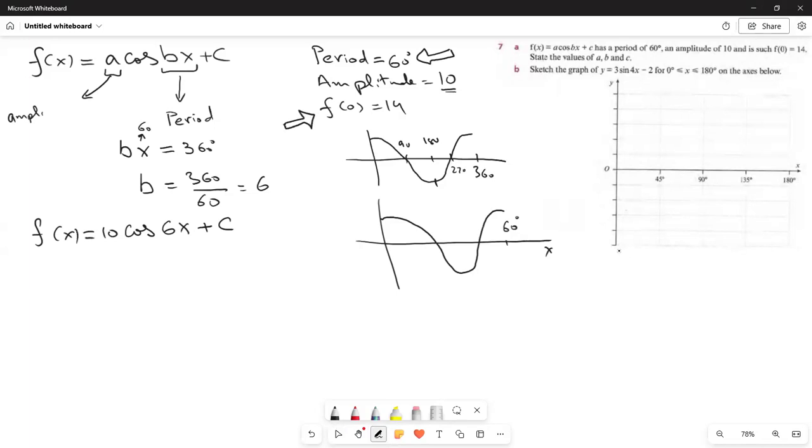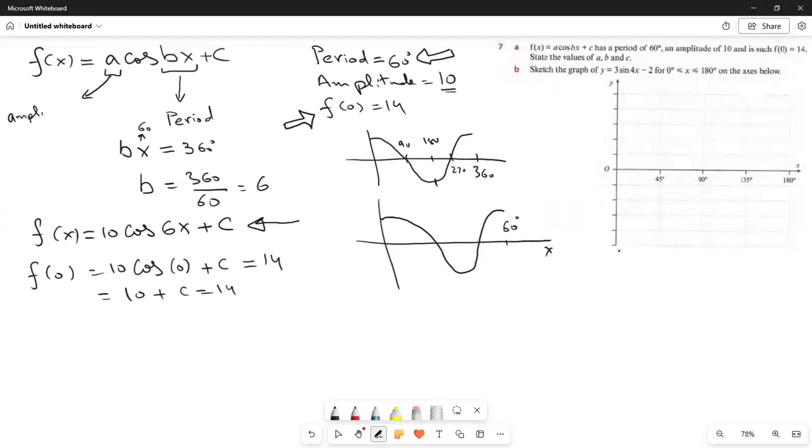Let's substitute x equal to 0 in this expression. So f of 0 is equal to 10 cosine of 6 times 0, which is 0, plus c. And this whole thing is equal to 14. This is given to us. Remember, what is cosine of 0? It is 1. So this will become 10 plus c equal to 14.